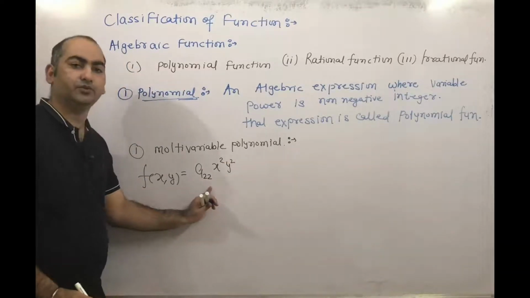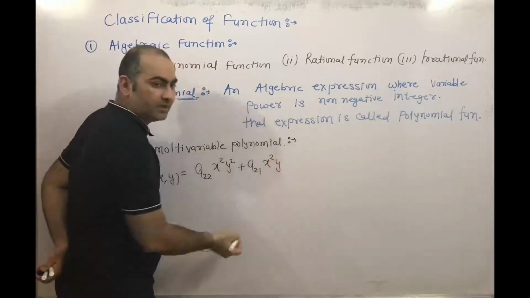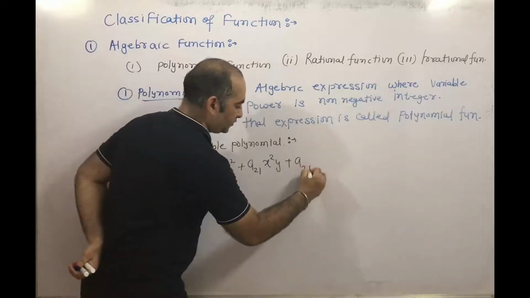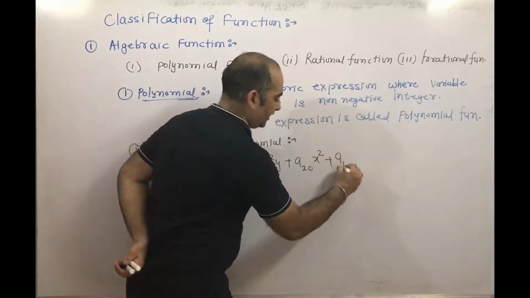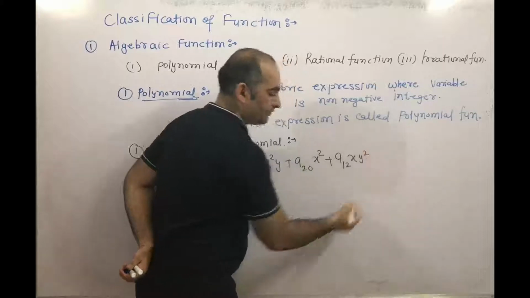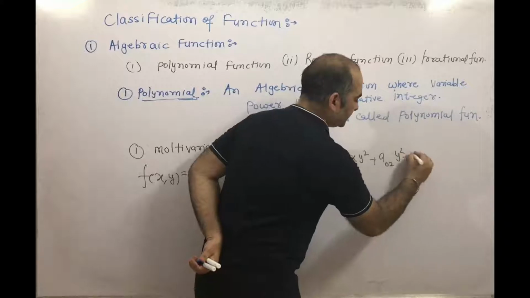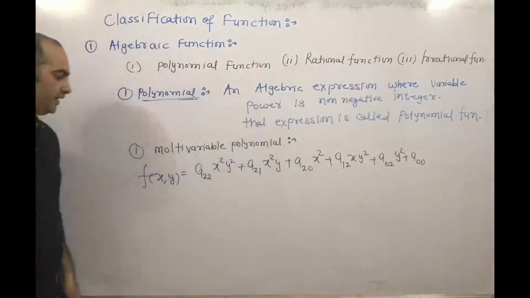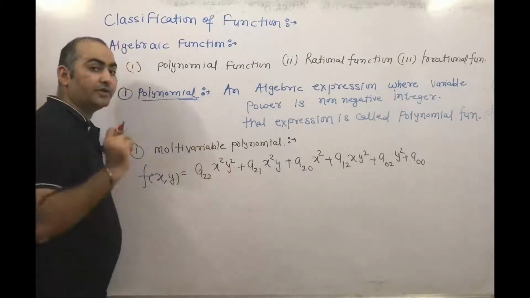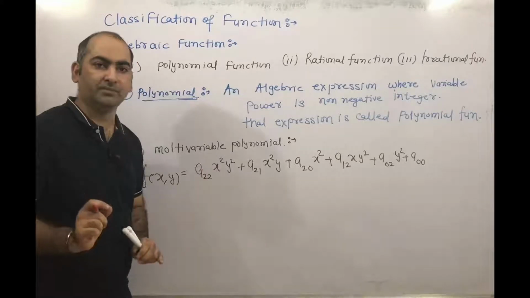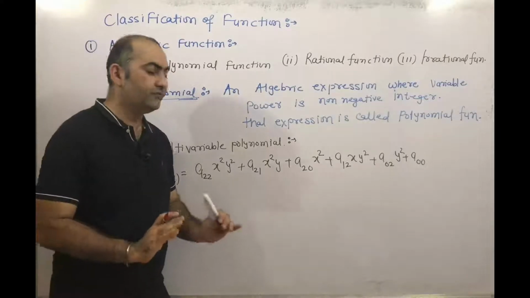Plus a21 x square y plus a20 x square plus a12 x y square, a02 y square plus a00. Here you can see that x and y both are variables, and the variable power is always a whole number. In every term the variable power is a whole number. There is no fractional power of a variable.